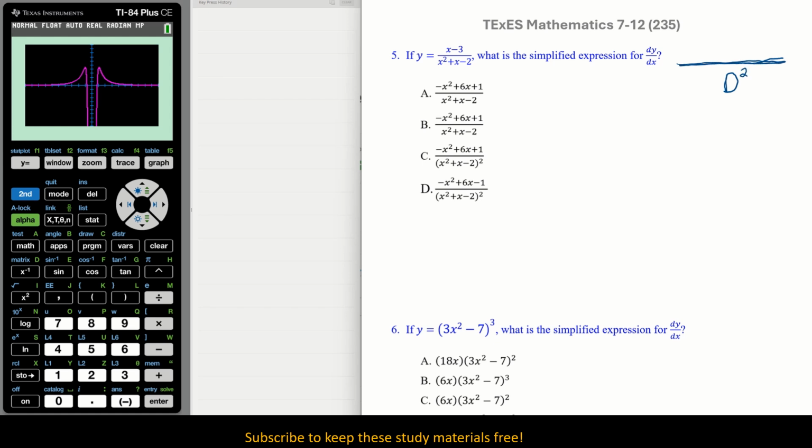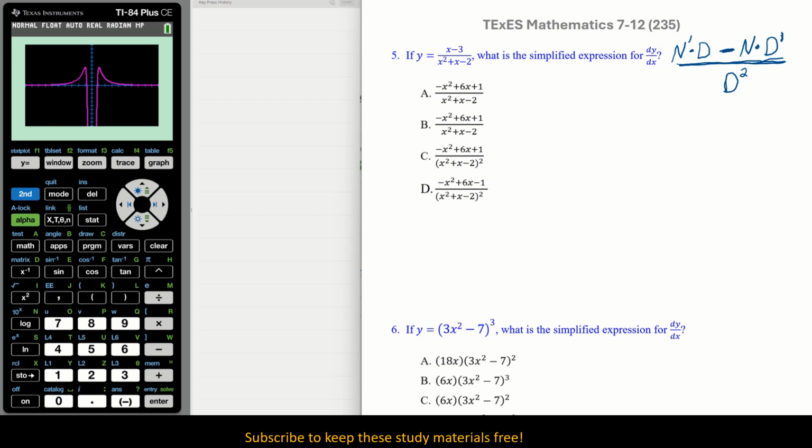I also know that I will have a situation where I subtract, and the numerator should be prime first times the denominator as is. Then we subtract from that the numerator as is times the denominator prime, which means first derivative. When I'm saying prime, you see prime notation. That is saying the first derivative.